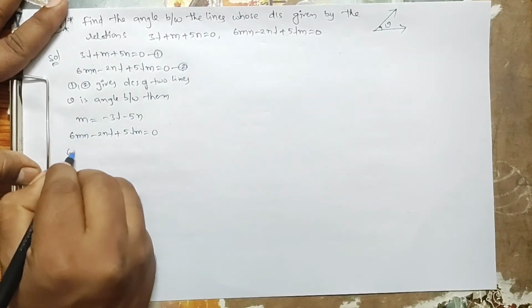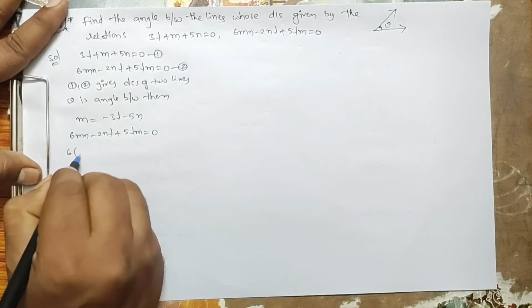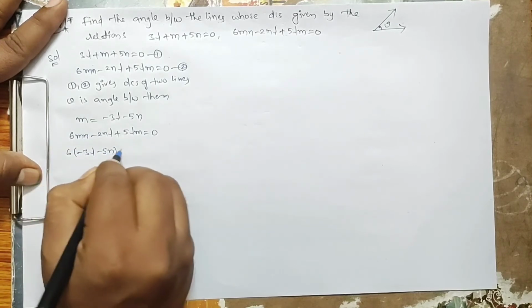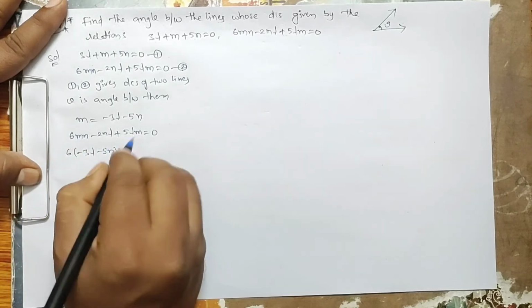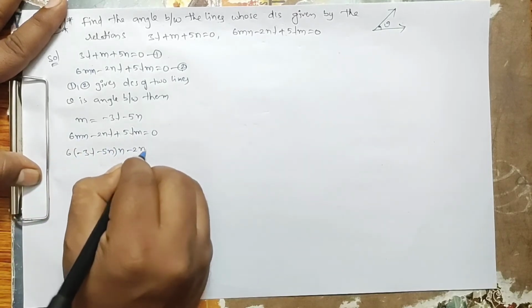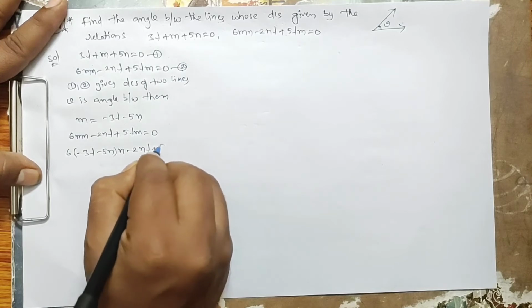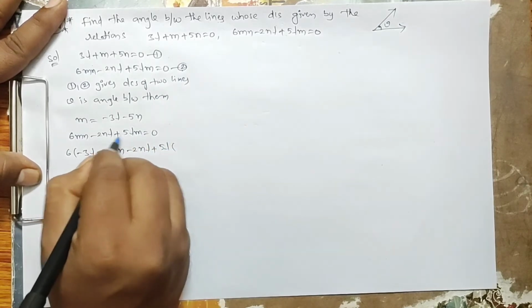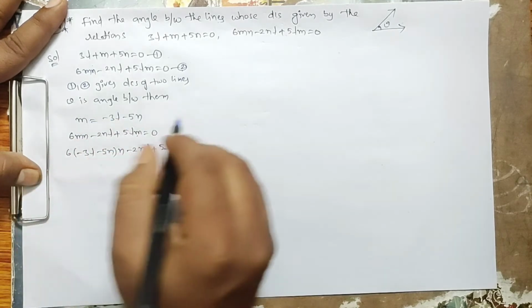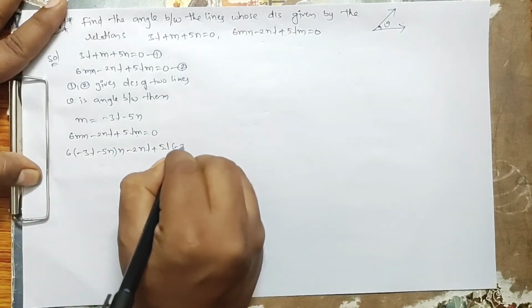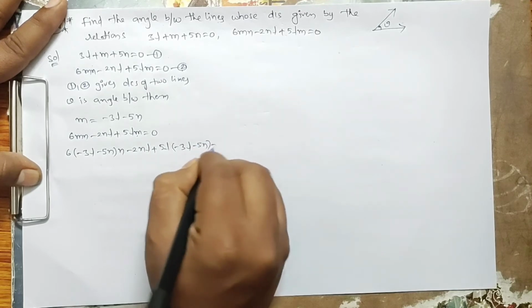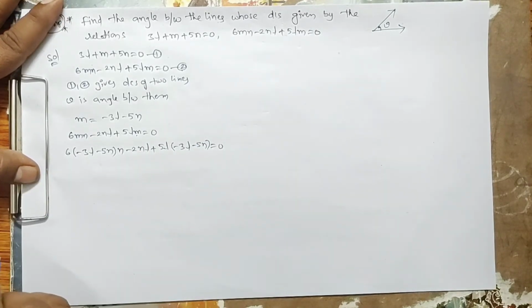Here 6 into m, that is -3l - 5n, into n, then -2nl plus 5 into l into, in place of m write -3l - 5n, is equal to 0. Write carefully.